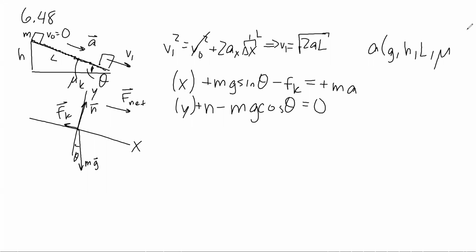I don't remember if it says mu or mu sub k, but that's all we're looking at for it, and we don't even have a lot of those. So the big connector between these two equations when you've got friction is that kinetic friction, like I said, is equal to mu sub k times n.